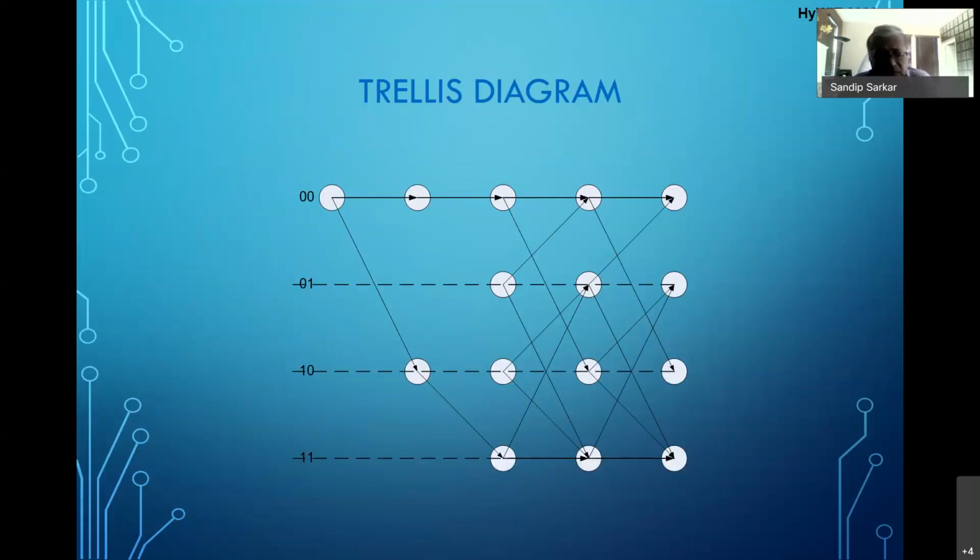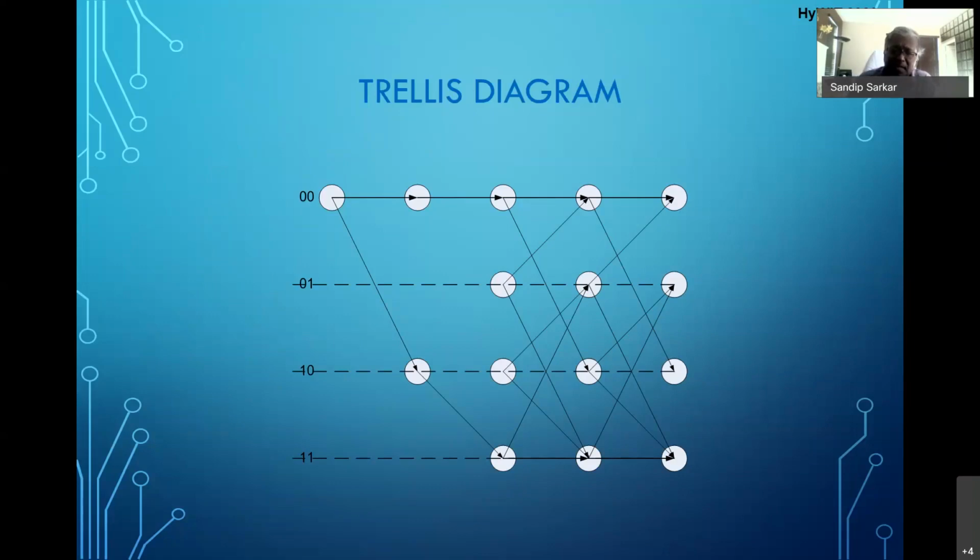Of course, if you retain all the paths, it becomes very difficult. So what you do is at each stage, you retain L paths. Not all of them, but a certain number of paths, say 8 paths or so, which is sufficient because the probability of your actual codeword being outside all of those paths is rather small.